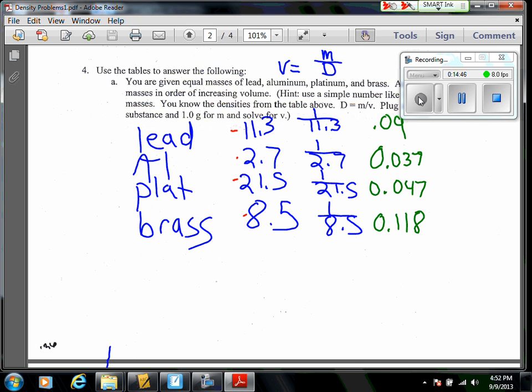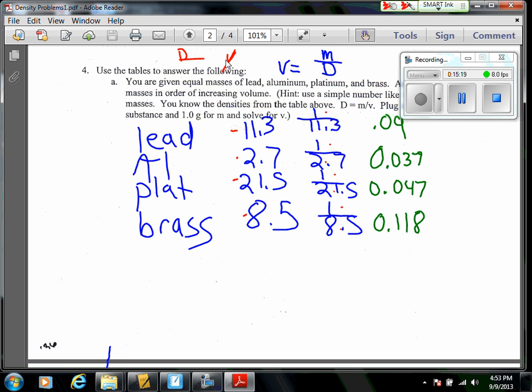To solve for volume, you take your formula, density equals mass over volume, and you rearrange it to get volume by itself, and you come up with V equals M over D. So if we put the 1 for the mass for each of those, and underneath it put the density of each, then we can solve for volume.